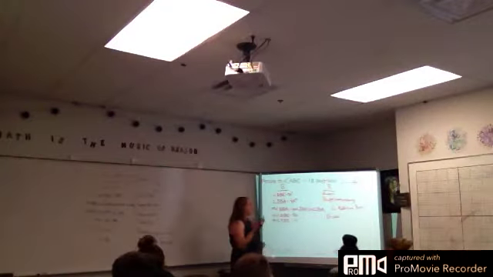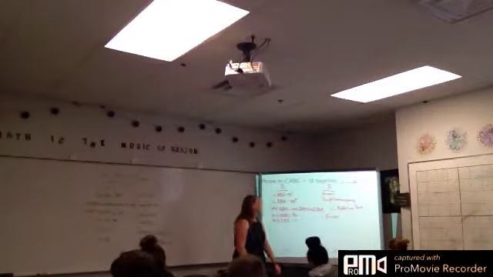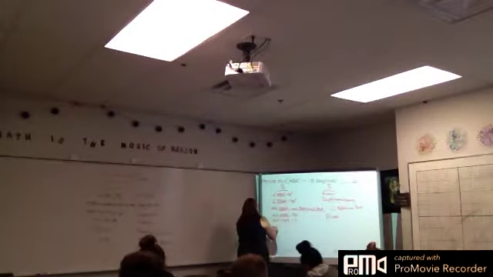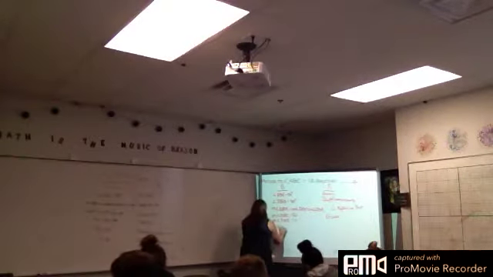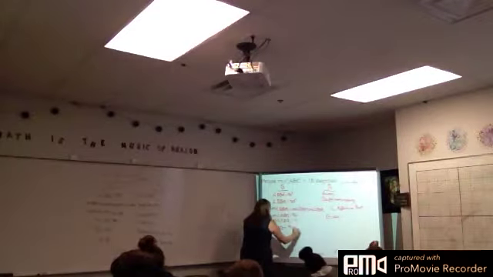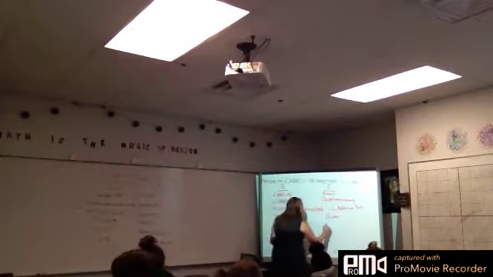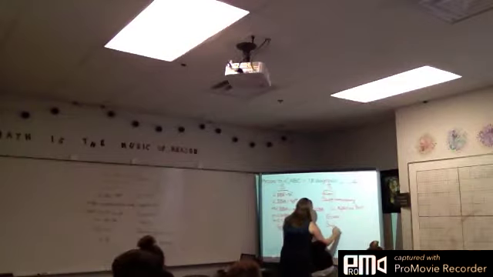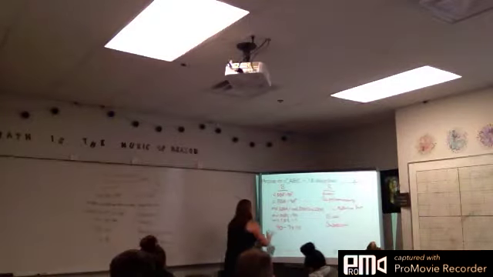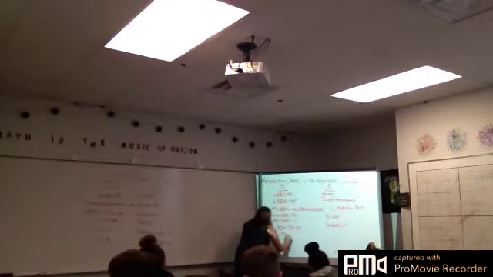Okay? Now from there, what am I going to do? Substitute. So I'm going to say 90 degrees equals 4x plus x, because I can do substitution. Then from there, what are you going to do? Combine like terms. So 90 equals 5x.